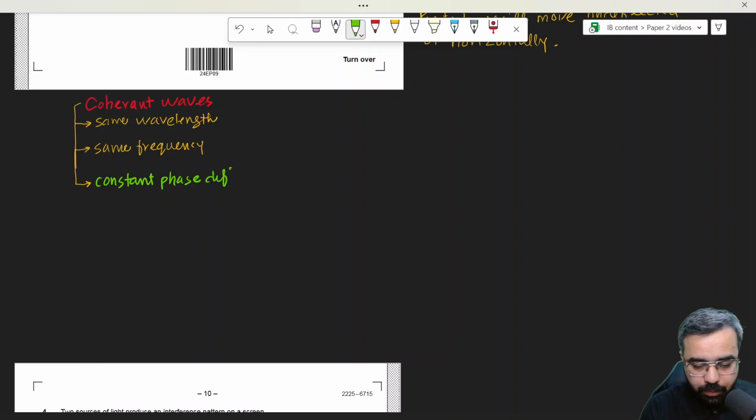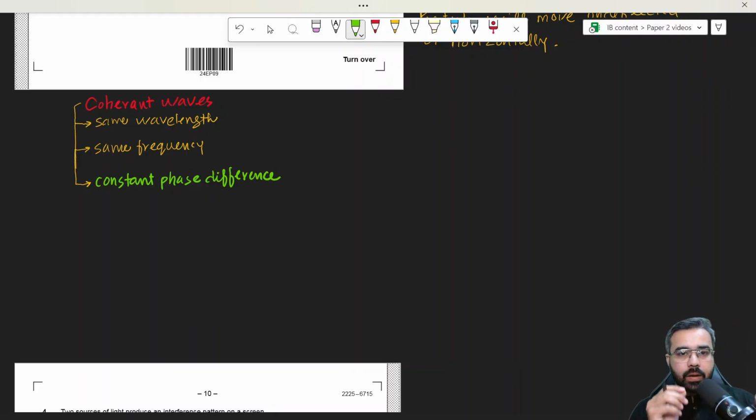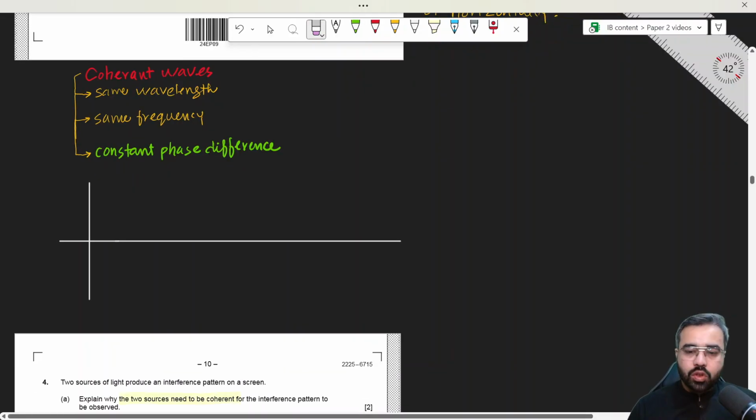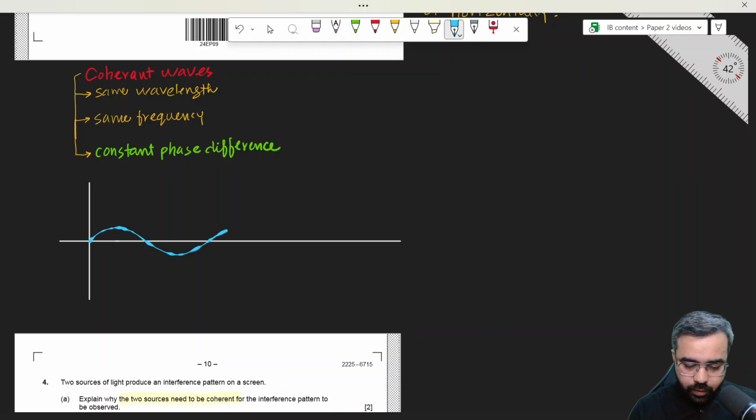So before we answer the first question, I will explain how the two waves can have a constant phase difference, and then they can interfere constructively or destructively. So, for example, this is one wave source. So, this is one wave, and with another wave, it will interfere specifically.